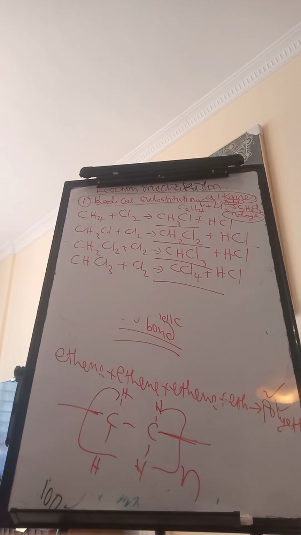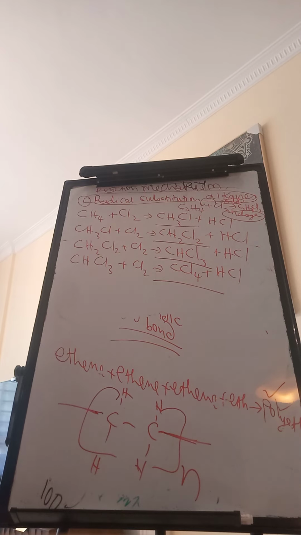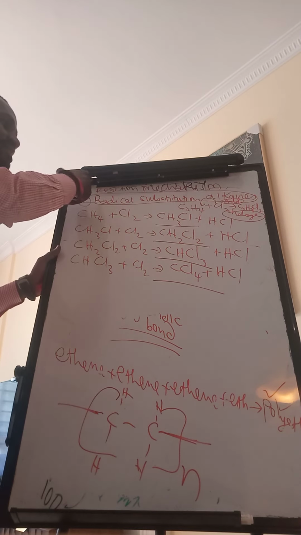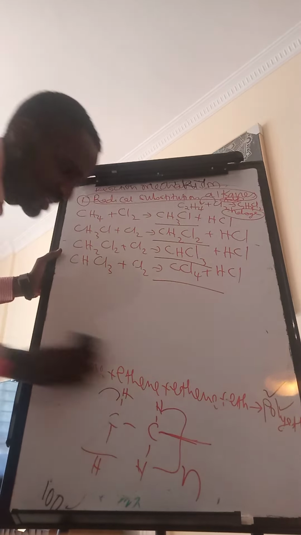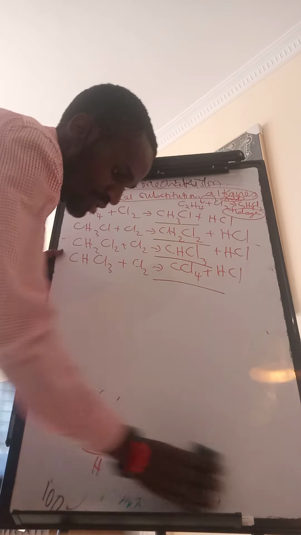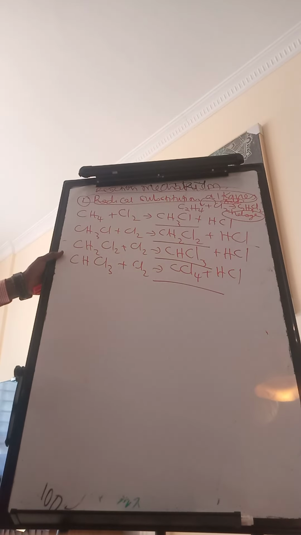Good. So next is electrophilic addition to alkenes. What do you think that one means? The first example of a reaction mechanism is radical substitution in alkanes. How does electrophilic attack in alkenes show how reaction mechanisms can occur?